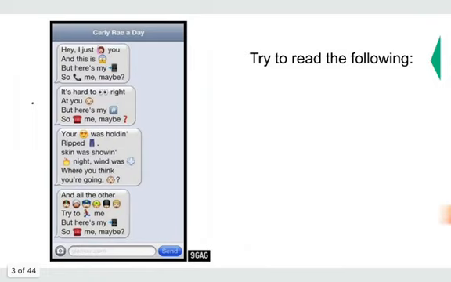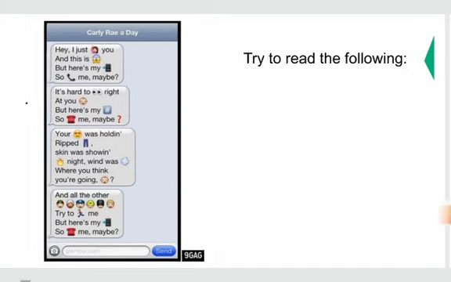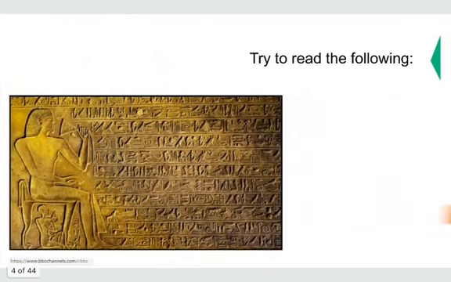Can you read this one? Okay, so maybe you figured out that this is the song of Carly Rae Jepsen, Call Me Maybe. But can you read this one? Can you read the hieroglyphics written on the wall?